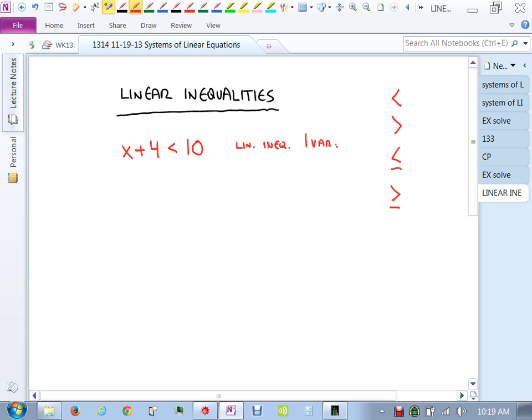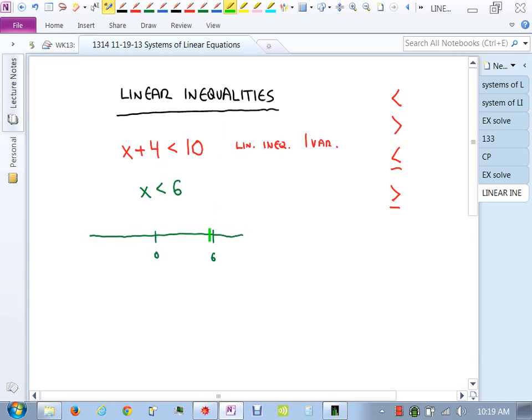Let's talk about what the answer looks like. So what is the answer to this? x is less than 6, right? Subtract 4 on both sides. What does that look like, x less than 6? On a number line, if this is 0, and this is 6, I'm saying everything to the left of 6.